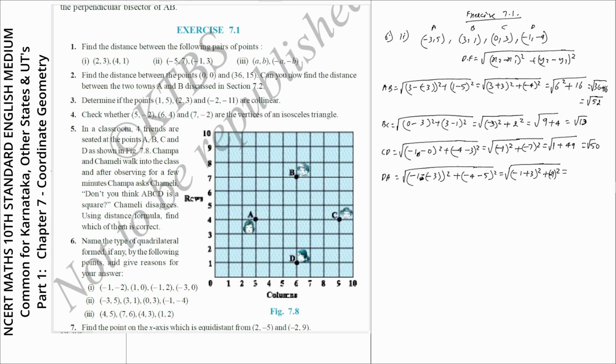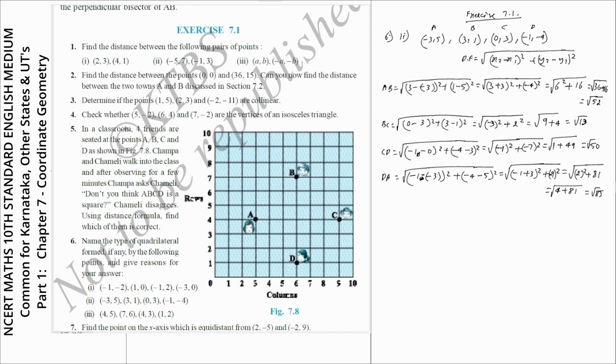So minus 1 plus 3 is plus 2 the whole square. So here plus minus 9 the whole square is 9 9s are 81. So this is equal to 2 square is 4 plus 81. So square root of 85 is the answer.